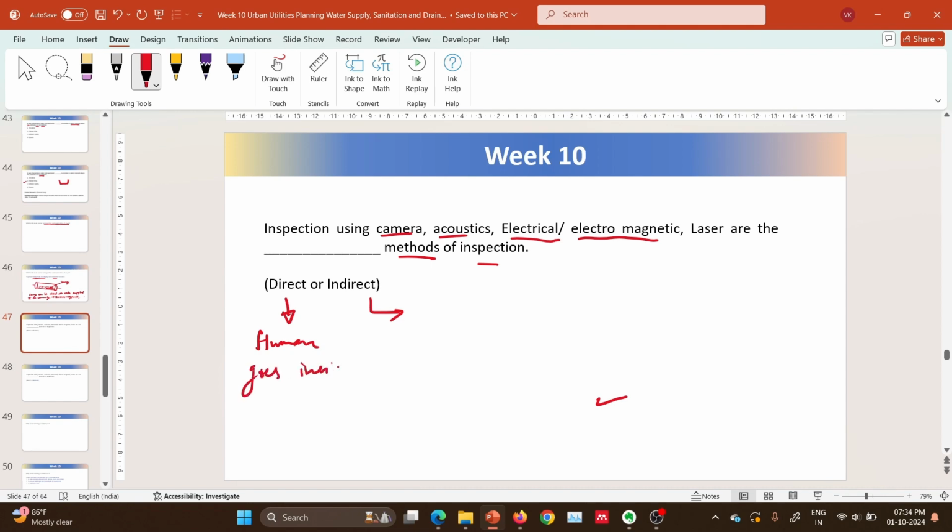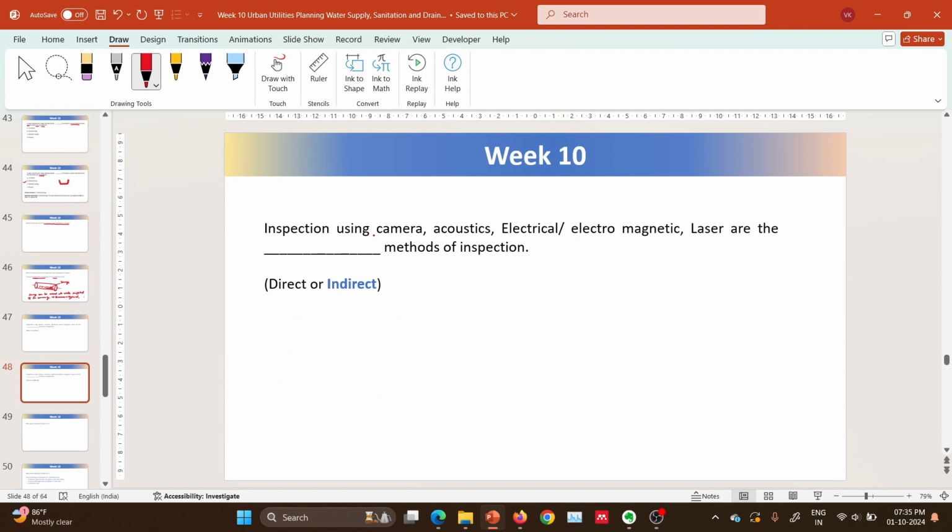Indirect: all these camera, acoustic, electrical, electromagnetic instruments are put inside the sewers and they will collect the data in the form of photograph or sonar. So they will collect the data and give the readings. Based on that, we will judge how good or bad is the condition inside the sewer.